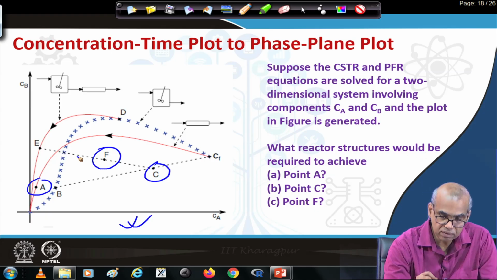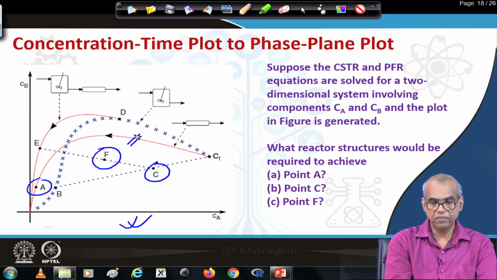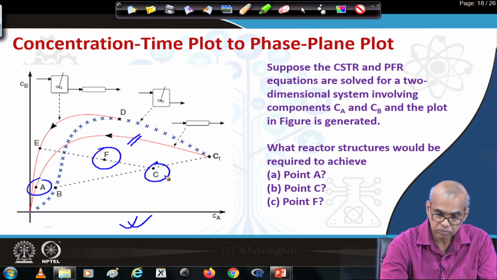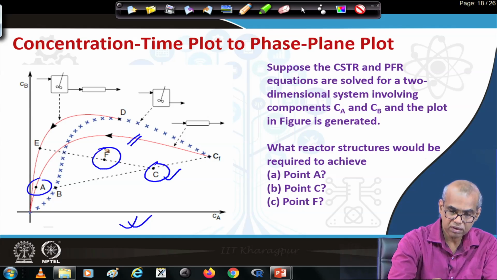Note that point A falls on this PFR trajectory, point C is this and point F is this.